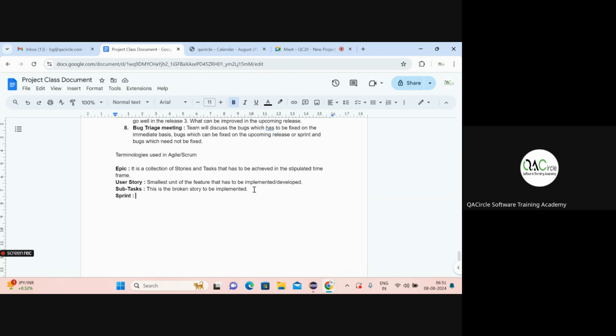Okay, so a sprint is a commitment to achieve the user stories and milestones or tasks and subtasks. Right. So this is known as a sprint.